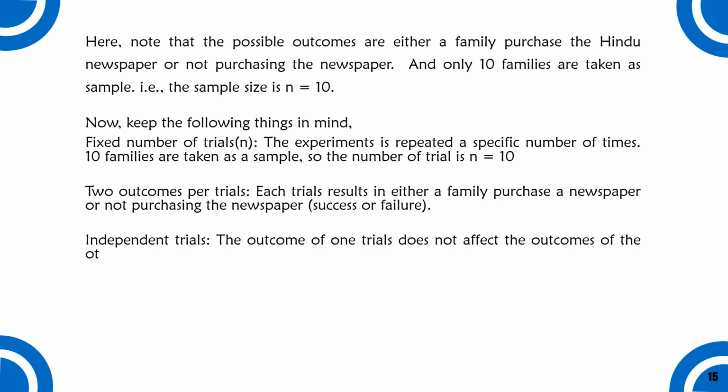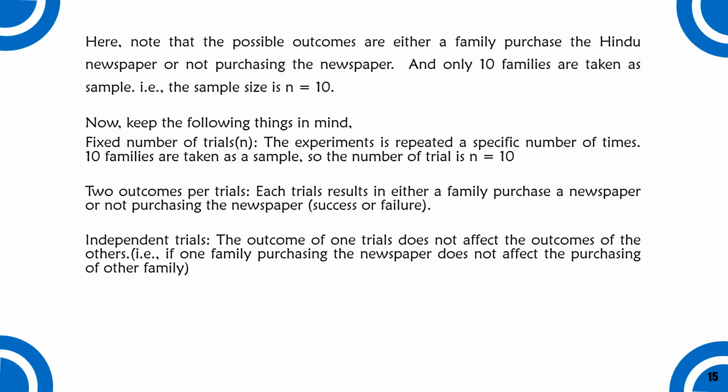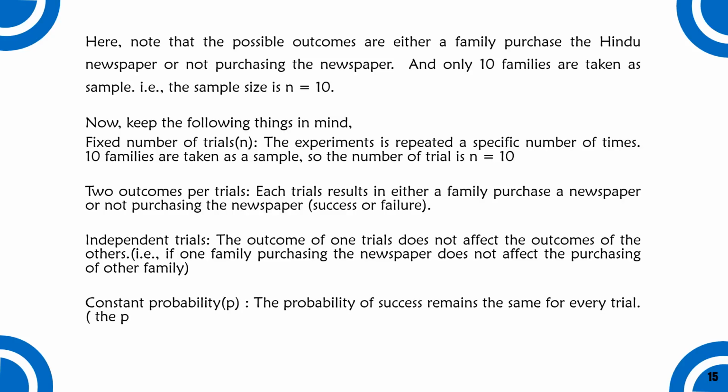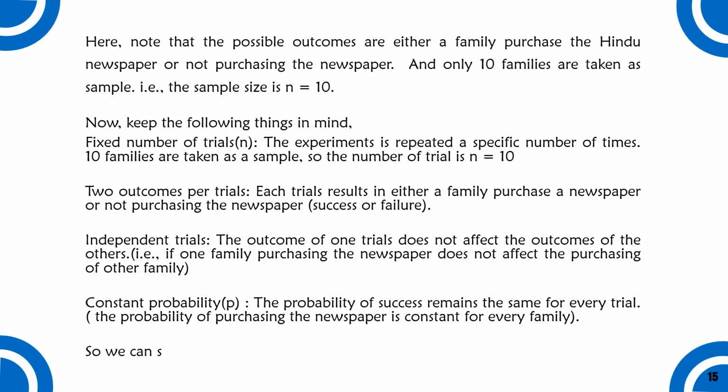Independent trials: the outcome of one trial does not affect the outcome of the others. That is, one family purchasing a newspaper does not affect the purchasing of other family. Constant probability: the probability of success remains the same for every trial. The probability of purchasing the newspaper is constant for every family. So, we can solve the problem with the help of binomial distribution.